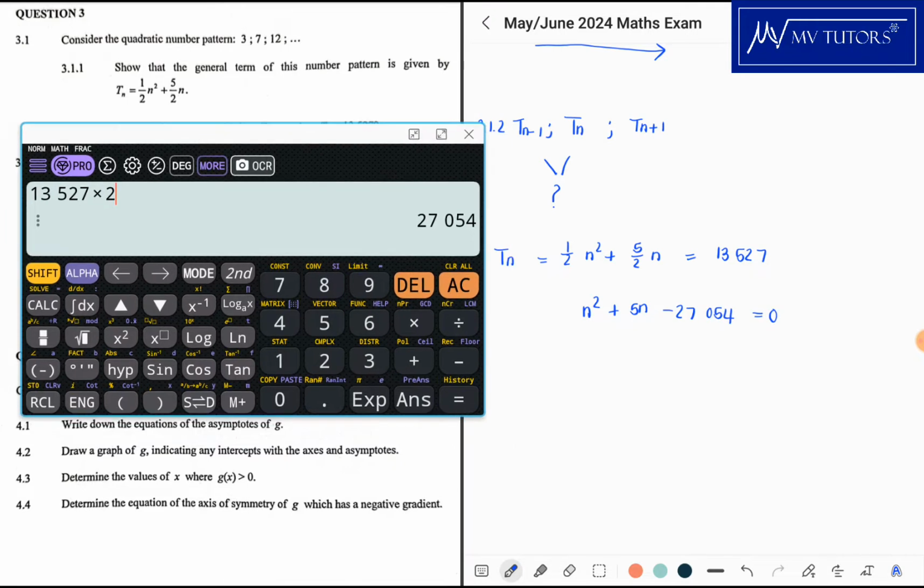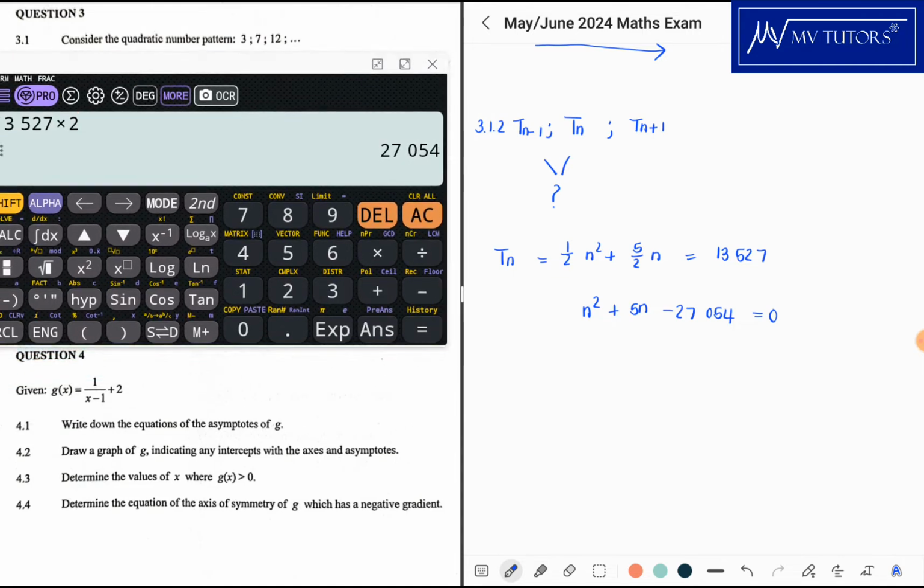Okay, and at this point, I'm going to employ the quadratic formula. So I have n is equal to minus b, which is 5 in this case, plus minus the square root of b squared minus 4ac, which is 4 times negative 27,054. Don't forget that square root, and divided by 2a, which is just 2.